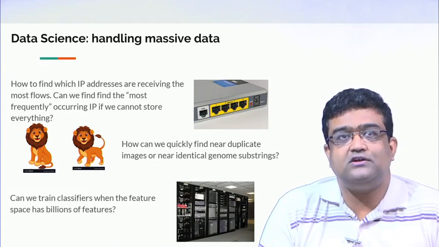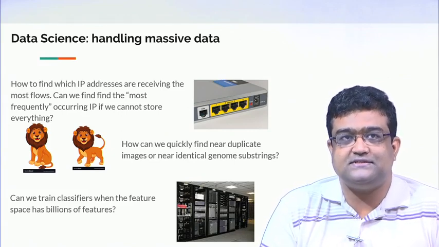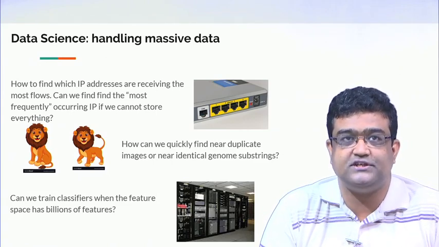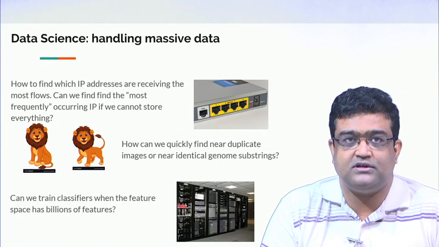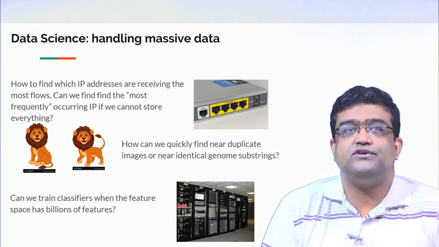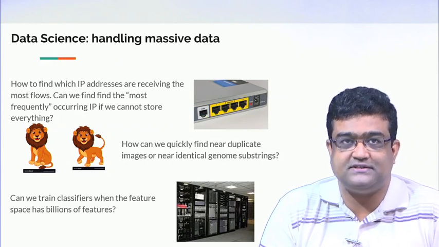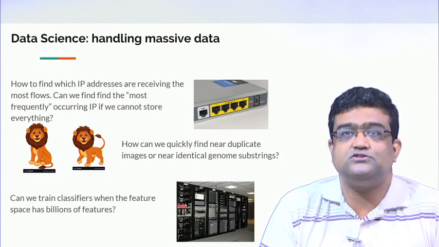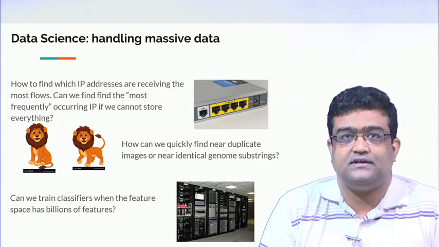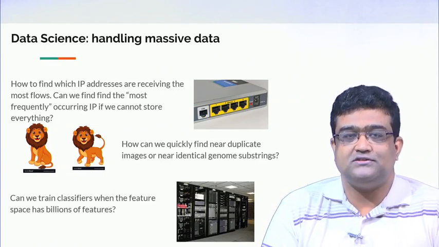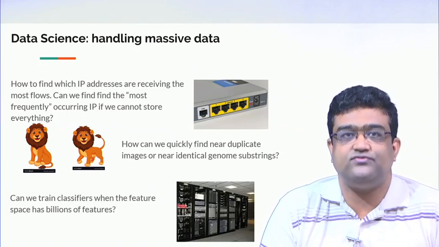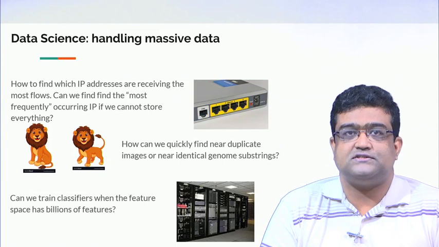However, we cannot store all the IP addresses which are passing through the switch, which is a large number. The problem is to find the most frequently occurring IP addresses, even though we cannot store the frequencies of all the IP addresses.